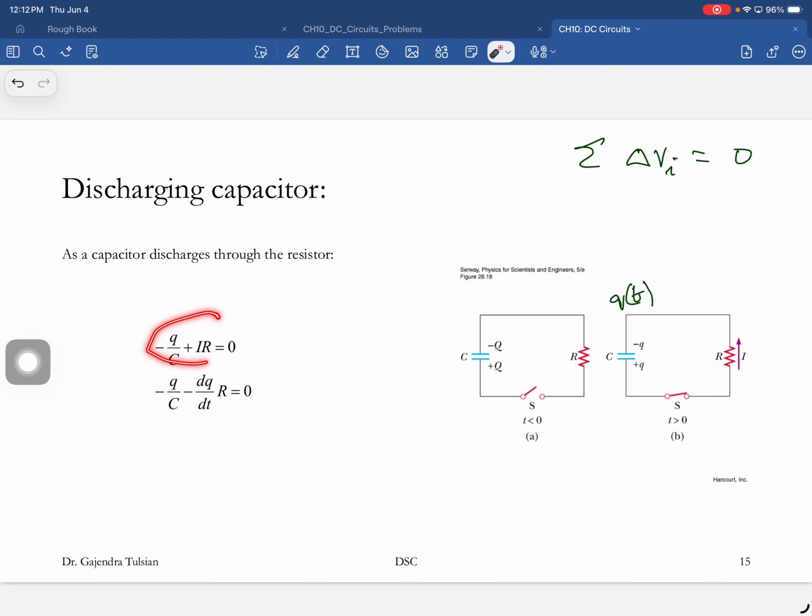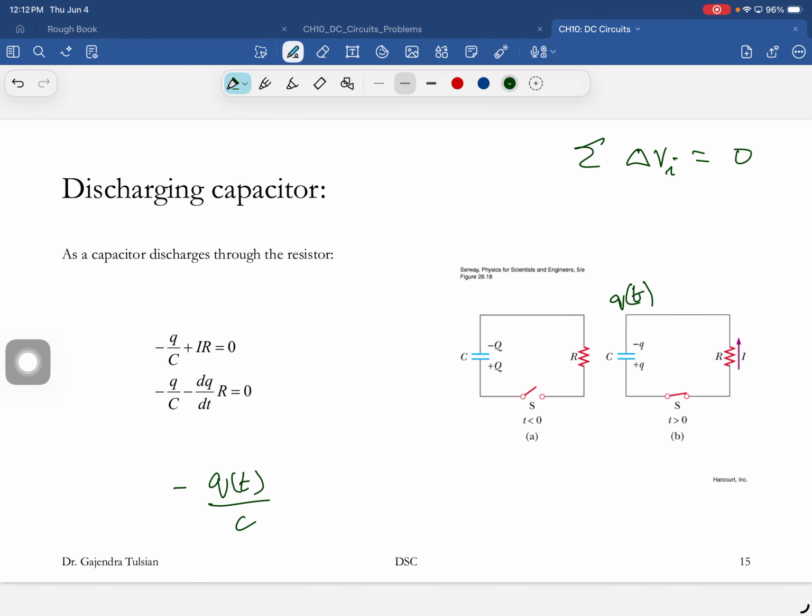So I guess the equation is set up where you're starting here and going around like that. When you go across this element, you're going from high to low voltage, so there's negative Q over C. And then you're going against the current, so it's plus IR, equal to 0.